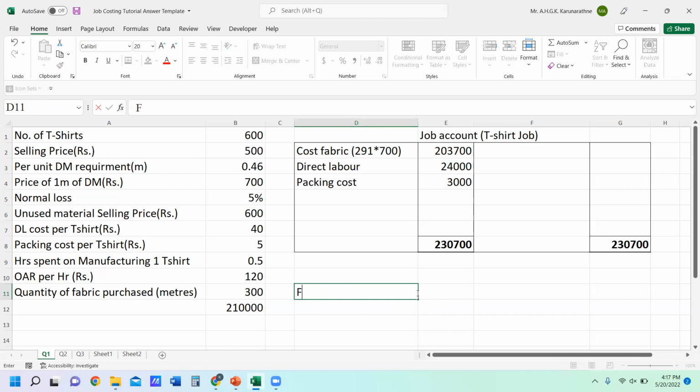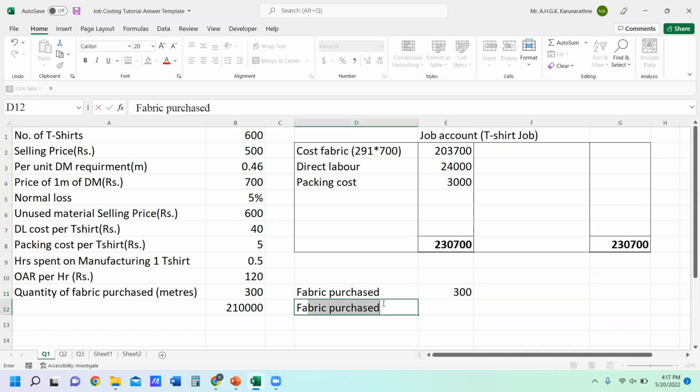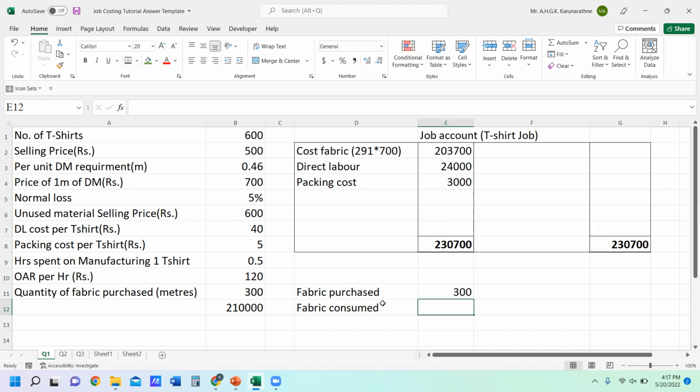Fabric purchase, according to supply condition. To comply with the supply condition, we were compelled to purchase 300 meters. Fabric consumed, 291.